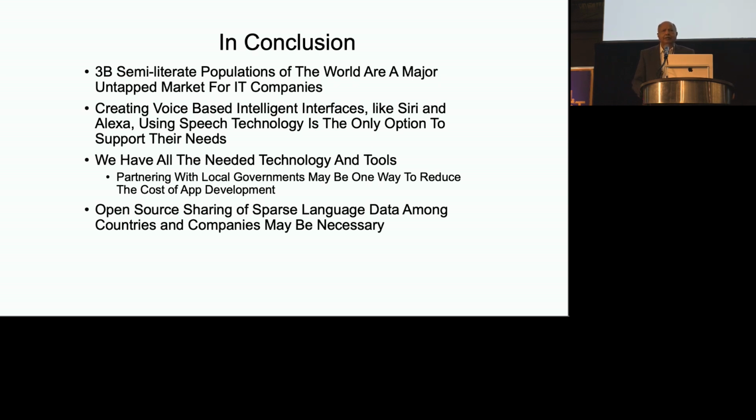Solving the illiteracy problem, there is a very interesting experiment that was done. I don't know how many of you are familiar with the Learning XPRIZE. The XPRIZE was a $10 million prize established by the XPRIZE Foundation with a grant from Elon Musk.